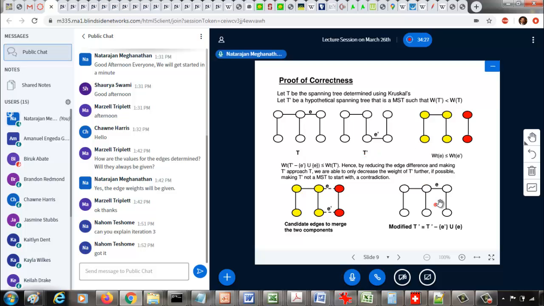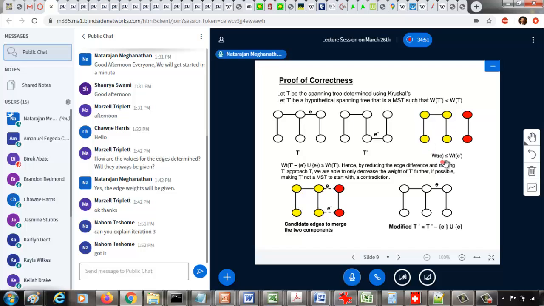But by doing this edge change, we have shown that it is possible to reduce the weight of T prime further. By removing E prime and adding E, we have shown that the weight of T prime could be reduced from what it was before. So that's a contradiction to our assumption that T prime is not a minimum spanning tree.